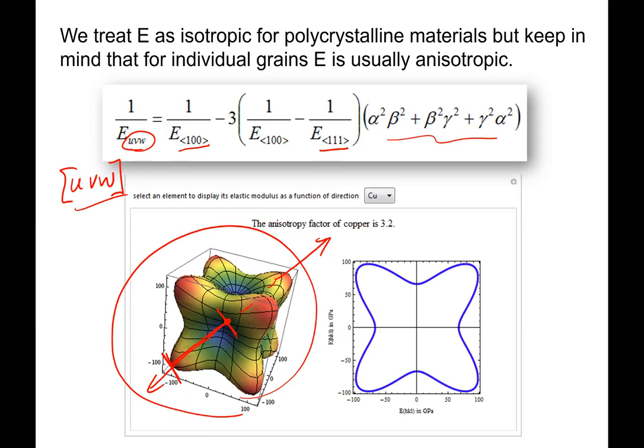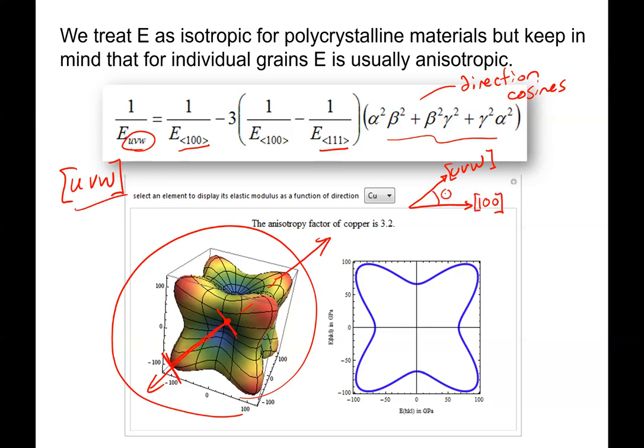Okay. Now let's talk about the alpha, beta, gamma in case you need to get these. The alpha, beta, gamma are called direction cosines. They're defined as the cosine of the angle between the UVW direction that you're pulling in and one of our axes, our A, B, or C axes. So let's say that we're looking at the axis A, which is 100.